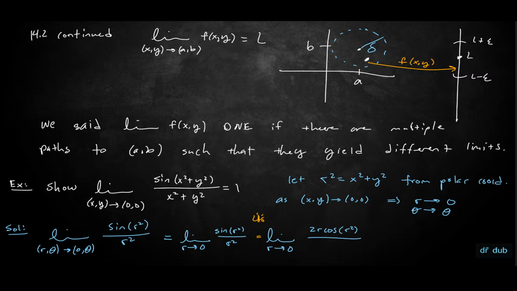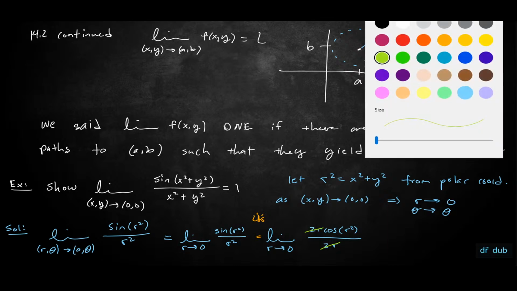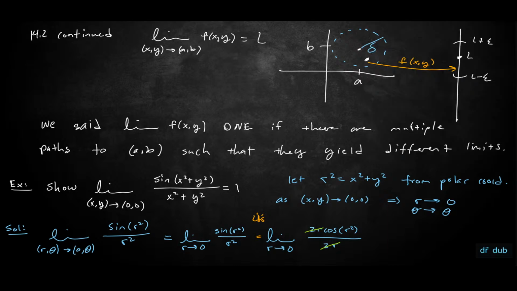The derivative of the bottom would be 2r. And now those will cancel. So 2r cancels, and we're just left with cosine of r squared. As r goes to 0, that's cosine of 0, which equals 1. Which is exactly what we wanted to show. Any questions?